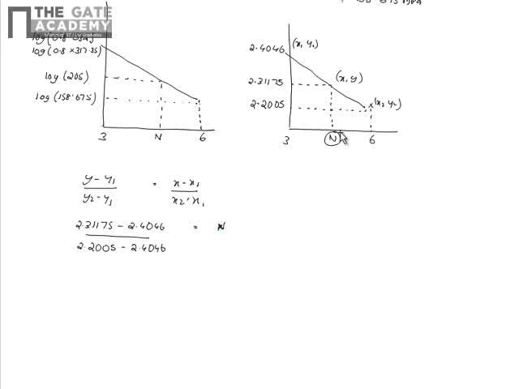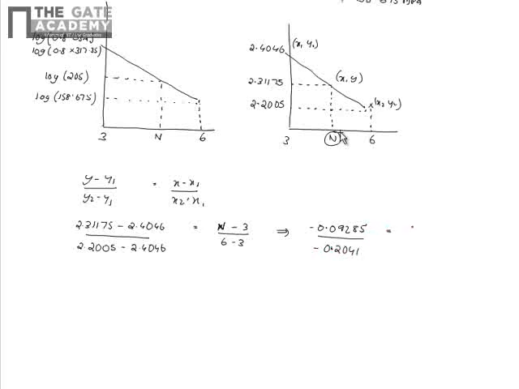This is equal to x. X is nothing but n here, minus x1, which is 3, and x2 is 6. So this gives 2.31175 minus 2.4046, that is minus 0.09285, divided by 2.2005 minus 2.4046, that is minus 0.2041.